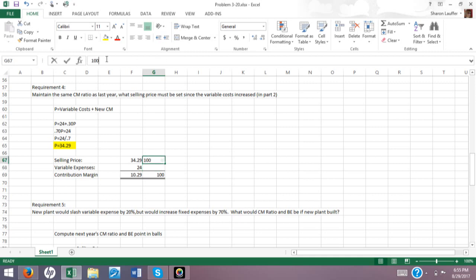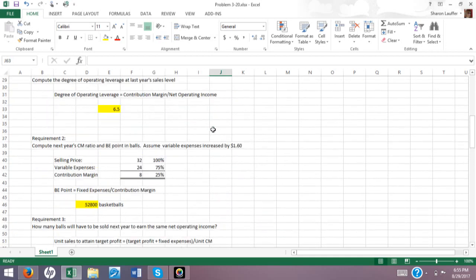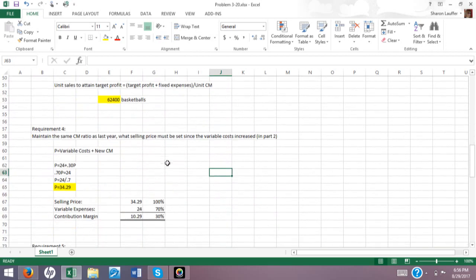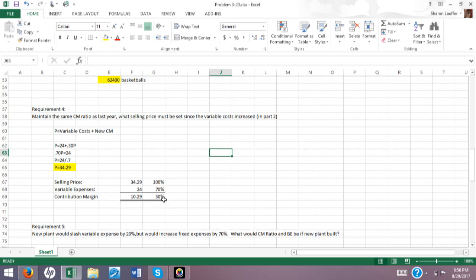That gives us a 30% contribution margin ratio, which is what we were trying to get. It said we wanted to maintain the same contribution margin ratio as last year, and last year, in part 1, it was 30%. So this is just a double check to make sure that we did it right. So hopefully that makes sense. That's not actually required, but just trying to kind of back into that number.